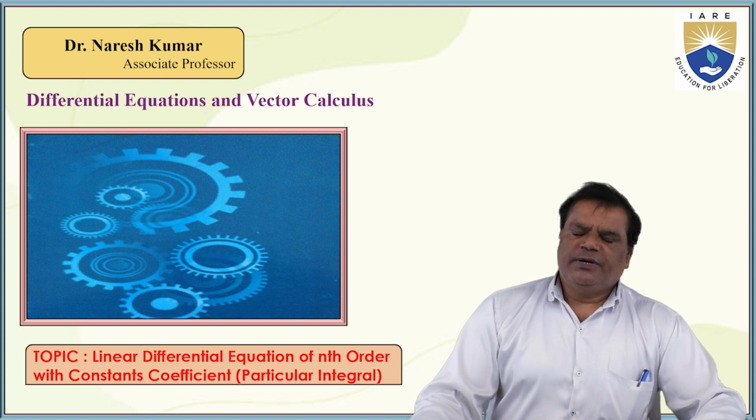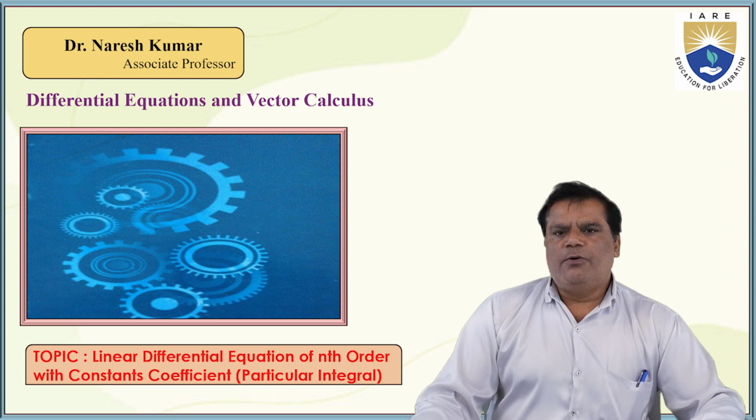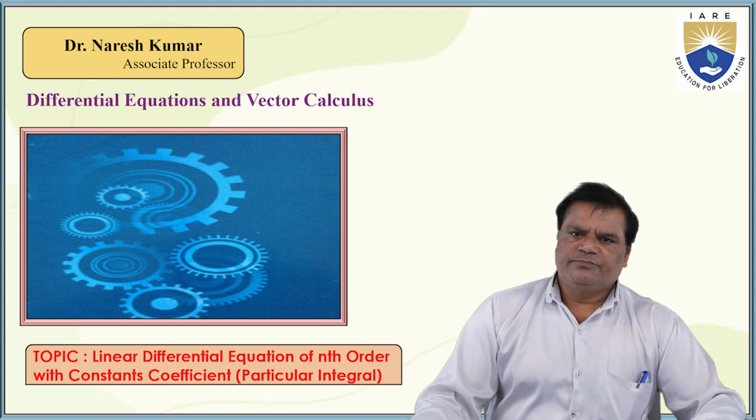complementary function plus particular integral. That is the general method of solving any linear differential equation with constant coefficient. Y is equal to CF plus PI. But already we have discussed complementary function.